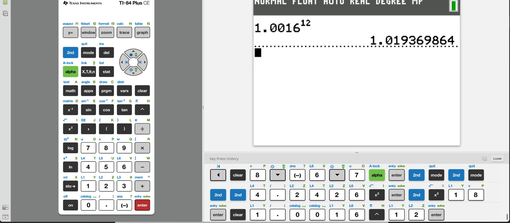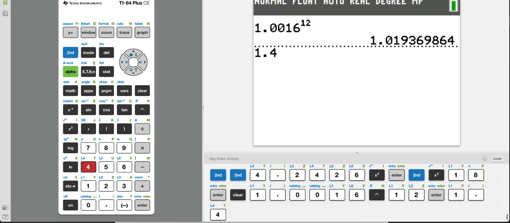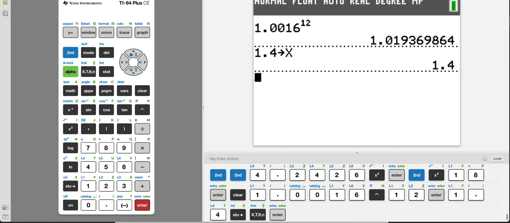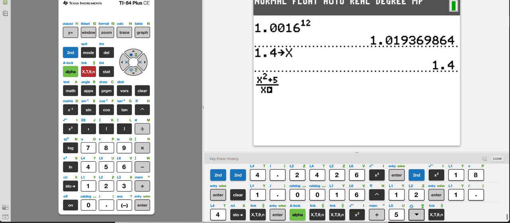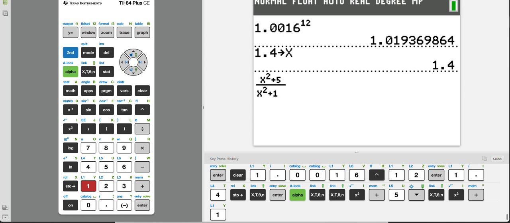Right? What does stow look like? We pick a number. I'm going to pick one with a decimal to be safe. Stow that into x. Then I'm going to type my original expression, x squared plus 5 over x squared plus 1. I'm going to get some number.